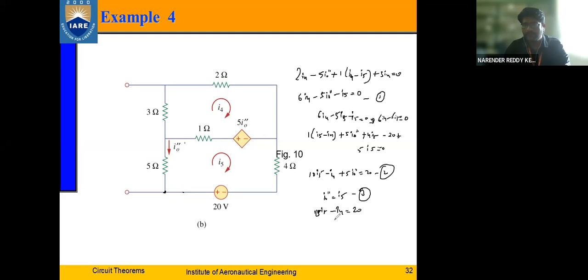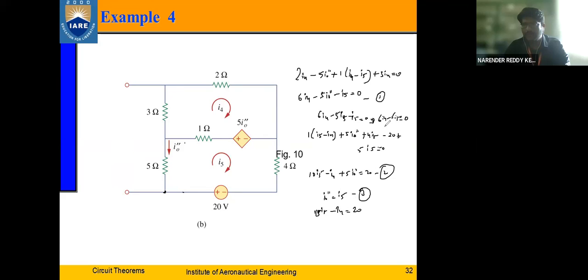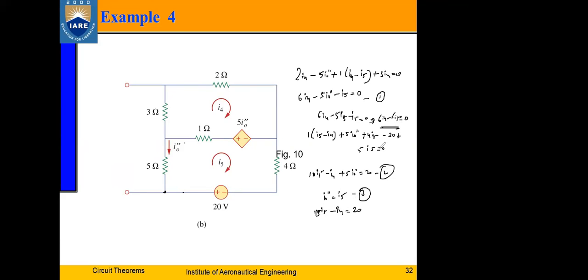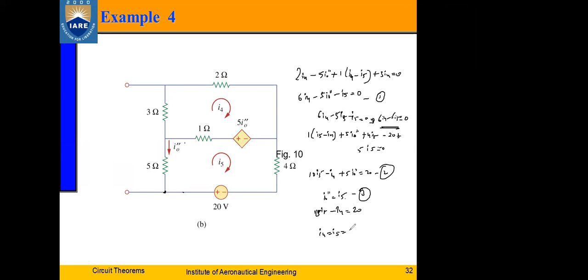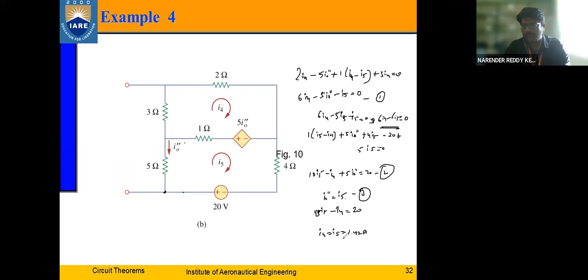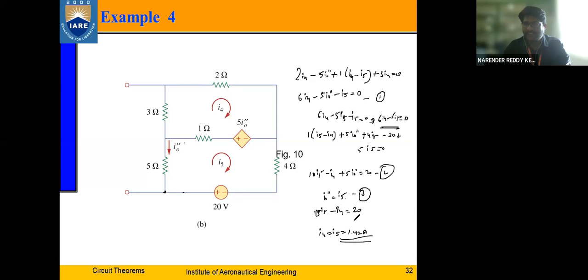Yes, sir, we can find it. So what's the value I'm going to get? 1.8 will be the answer for both currents, sir. 14 I5 equal to 20. Or else I4 is equal to I5, what's the value I'm going to get? 1.42. It is 1.8, sir. You're getting two different values, sir. How can you get two different values?